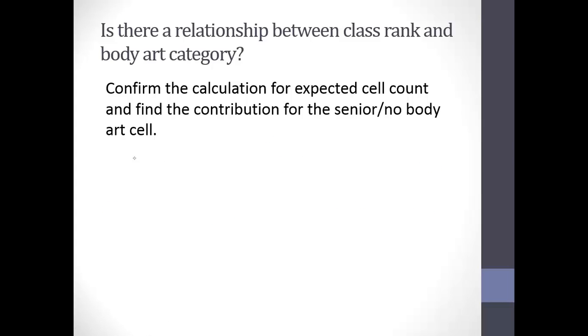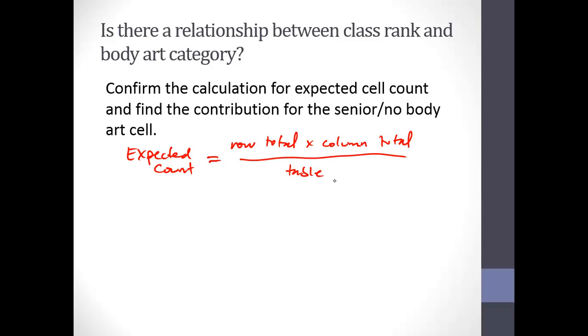So my expected count is equal to the row total times the column total divided by the table total.